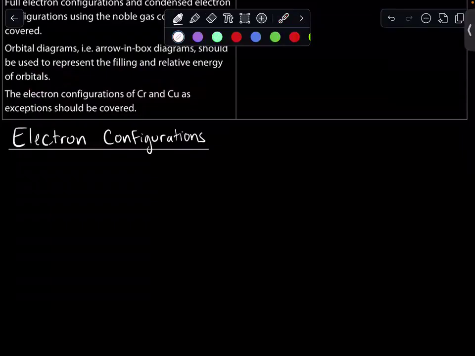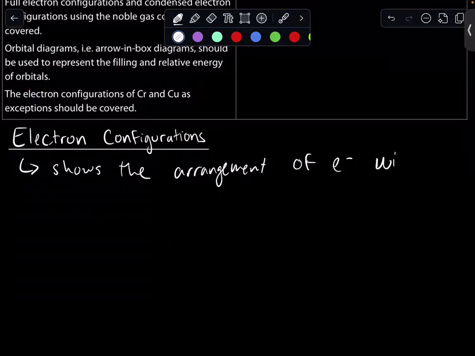So, what is the electron configuration? Well, the simplest way of talking about it is that it just shows the arrangement of electrons within their orbitals.